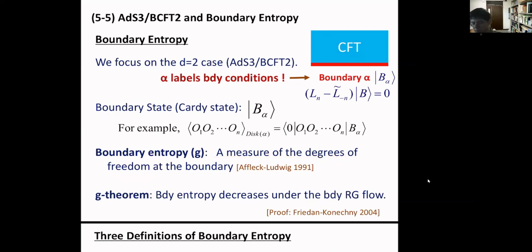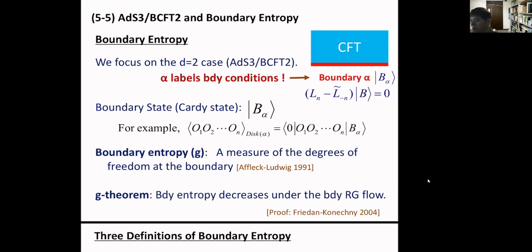There is a well-known theorem called the g-theorem, proven by Friedan and Konechny, and originally introduced by Affleck and Ludwig. The g-theorem is a boundary version of the c-theorem. The c-theorem means the central charge decreases under RG flow, and the g-theorem means the boundary entropy, the g function, decreases under boundary RG flow.